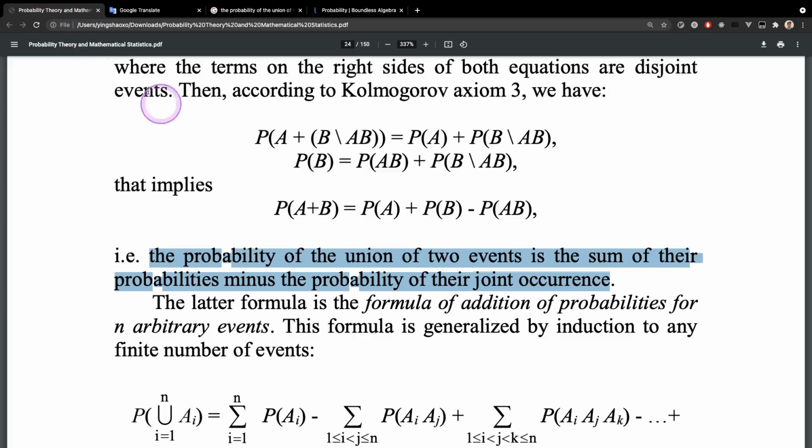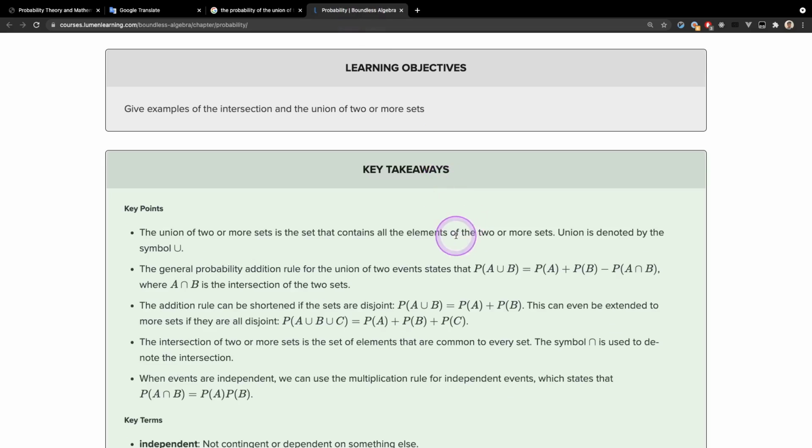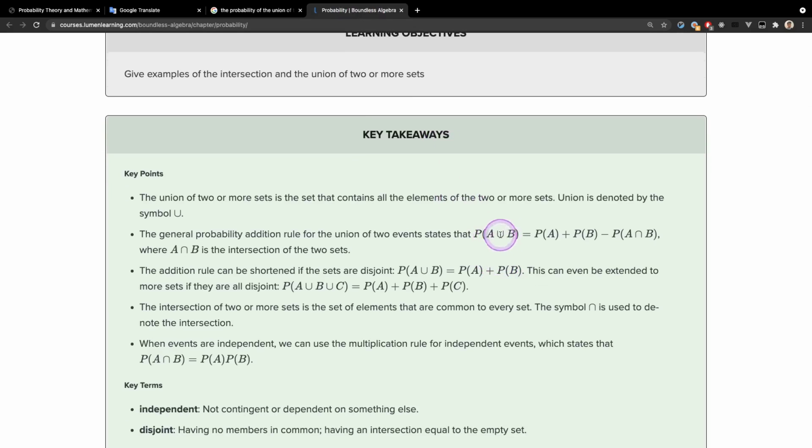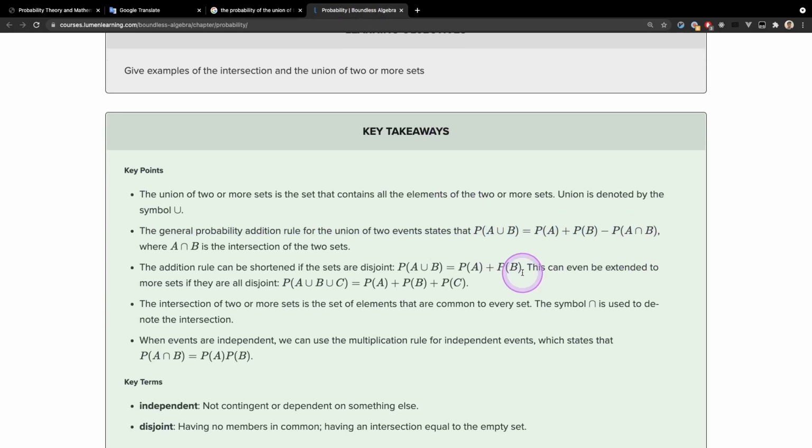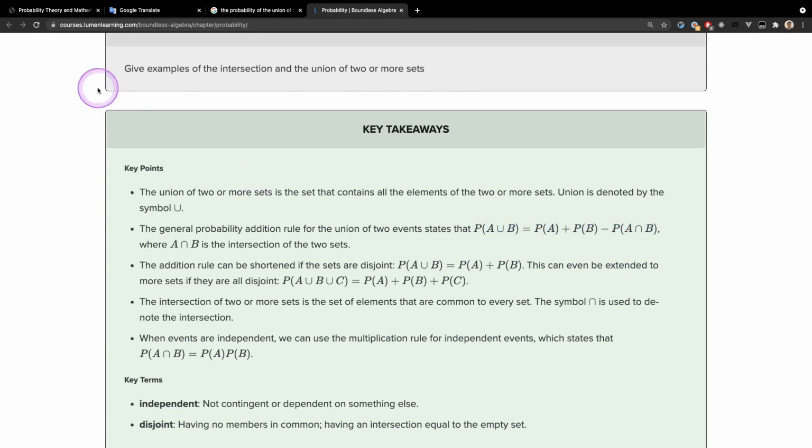We may feel confused when we look at those formulas, but if we do it with another symbol, something like this, everything would be more clear, right? The probability of A union B is equal to the probability of A plus the probability of B minus the probability of A intersect B, right? Okay, this is more intuitive or understandable than this one.